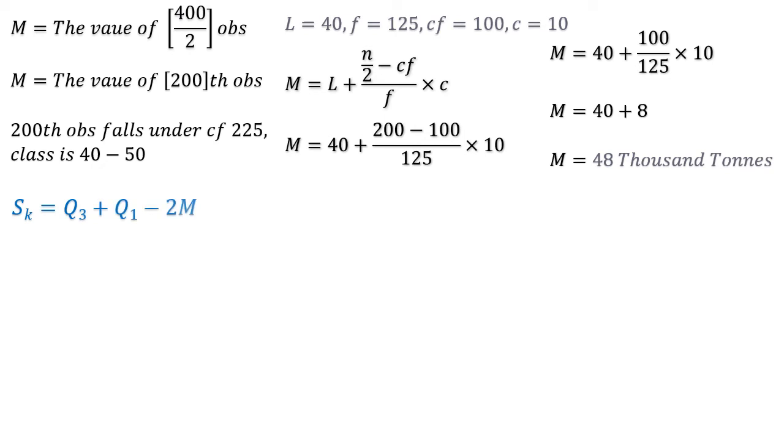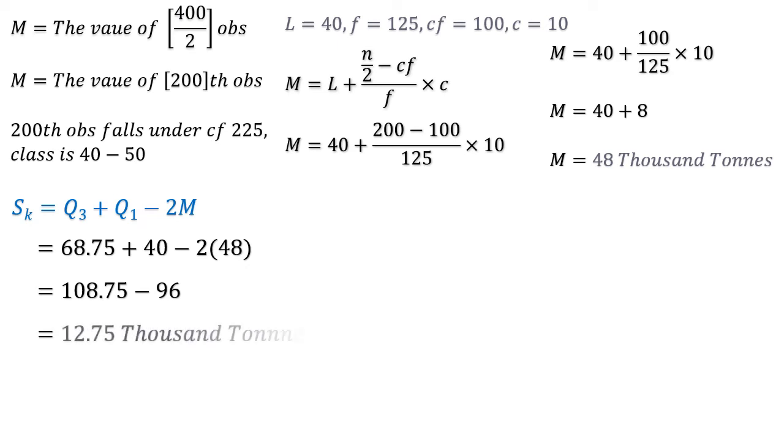Now you need to calculate skewness here, which is Q3 plus Q1 minus 2M. Put the values: 68.75 plus 40 minus 2 times 48. That is 108.75 minus 96. The addition and multiplication are to be done separately and then subtracted to get 12.75 thousand tons. As you can see, the value is positive, so skewness is positive.